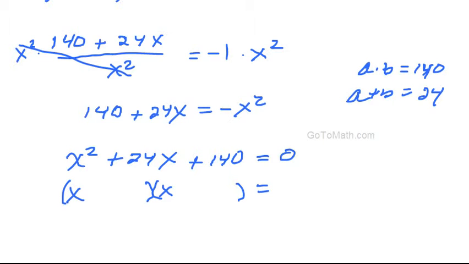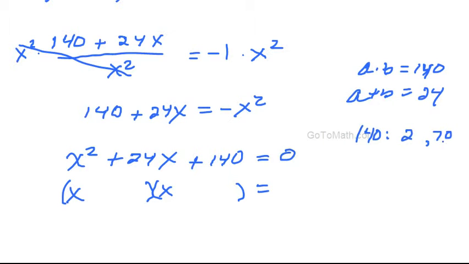We know that 2 times 70 gives us 140, but there's no way we can get 24 here.